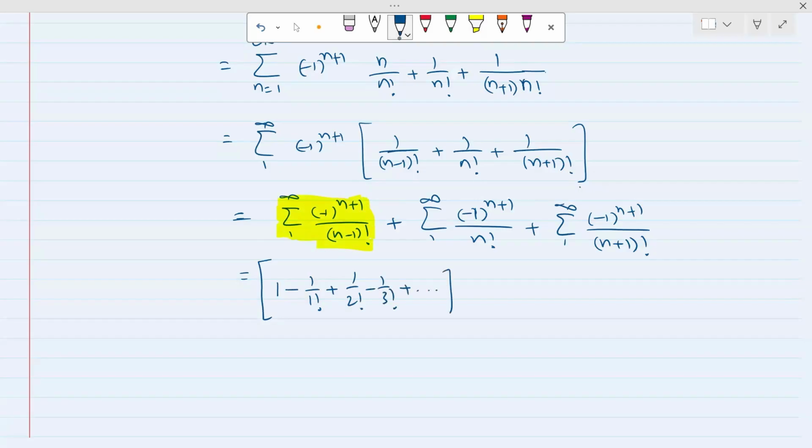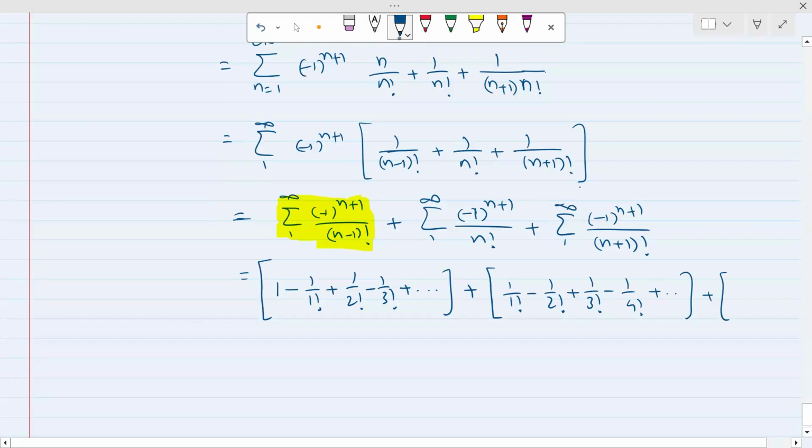So there are alternate plus and minus. Second expansion is 1 upon 1 factorial minus 1 upon 2 factorial plus 1 upon 3 factorial minus 1 upon 4 factorial. And the last is 1 by 2 factorial.